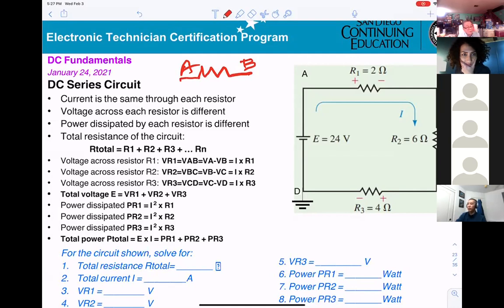The answer will be: resistor has no polarity. They don't have any polarity. However, when you connect to the circuit to get the current flowing, then the current coming in will be positive. Current leaving will be negative. So make sure you understand that. Resistor has no polarity.